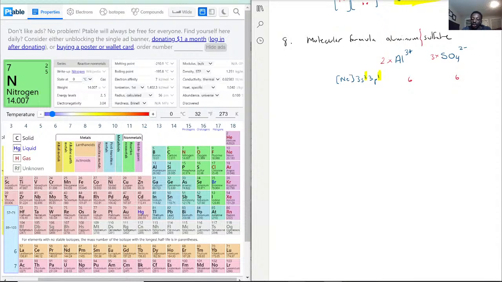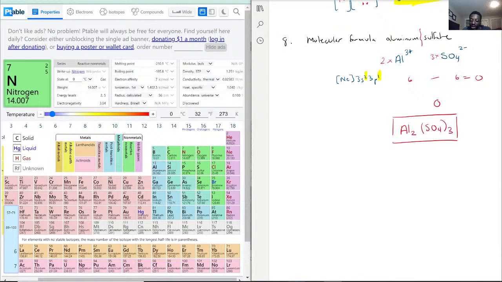The goal is that you still want a net charge of 0. This should cancel out: 6 minus 6 equals 0. So you have Al2(SO4)3. That right there is aluminum sulfate.